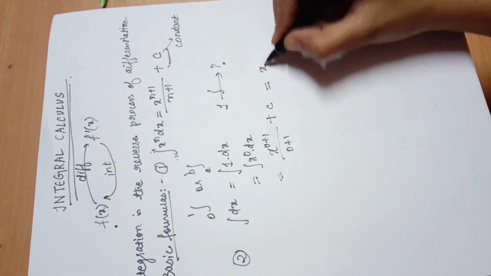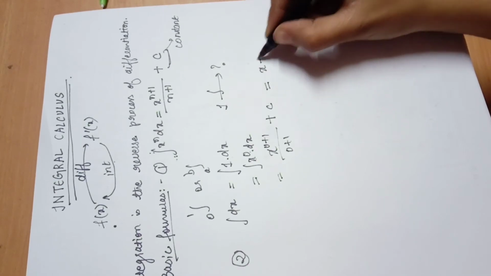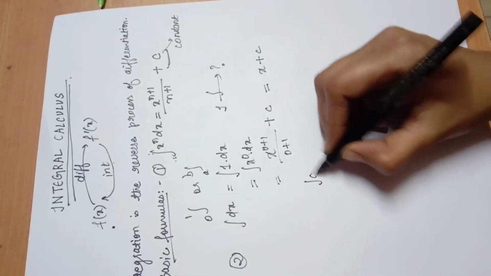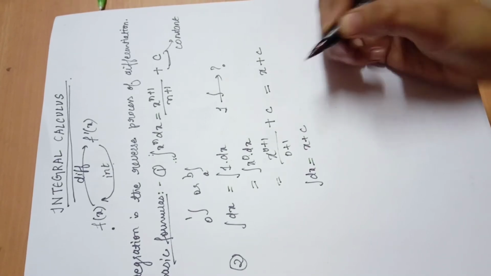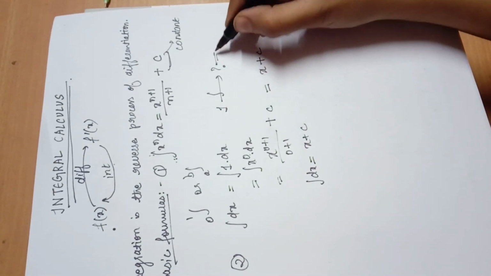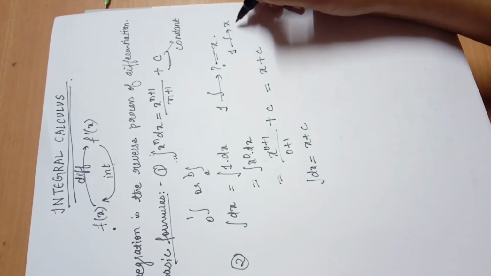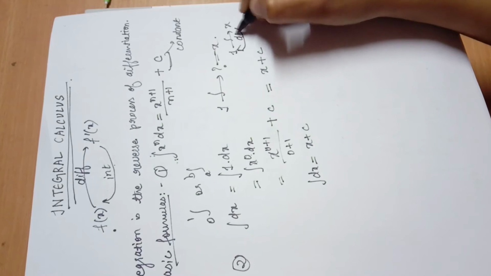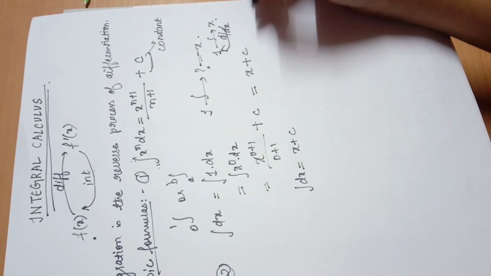So this is nothing but x to the power 1, that is x, by 1, that means x, plus c. So the integration of dx is x plus c. When we integrate 1, we get x. And remember, when we differentiate x, we get 1. So this is the reverse rule, right?